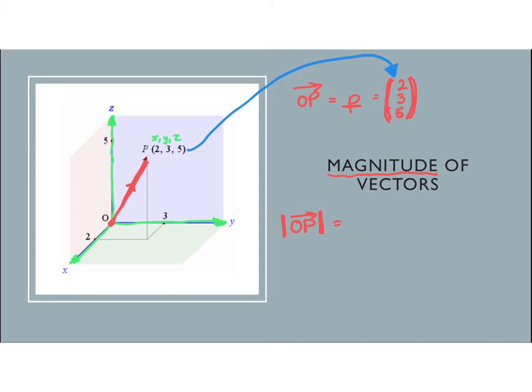I could also write it like that with my little p. Again, we're going to use Pythagoras, but this time we've got 3 numbers. In the last slide we were doing add. When we do it with 3-dimensional vectors, we do 2 squared, 3 squared, and 5 squared, and then we do our working out to get our answer there.